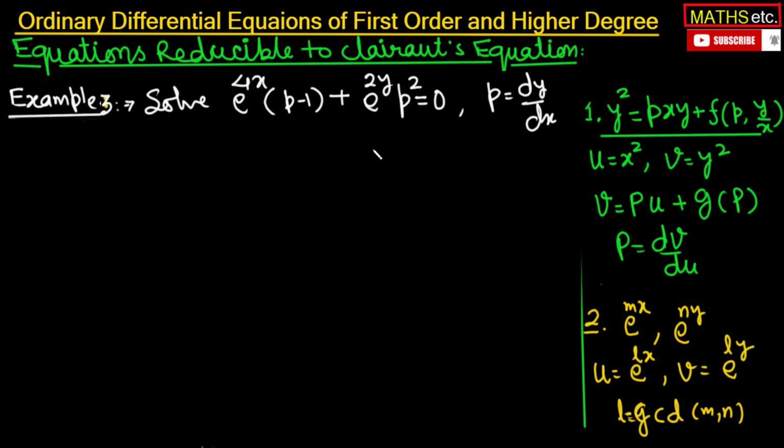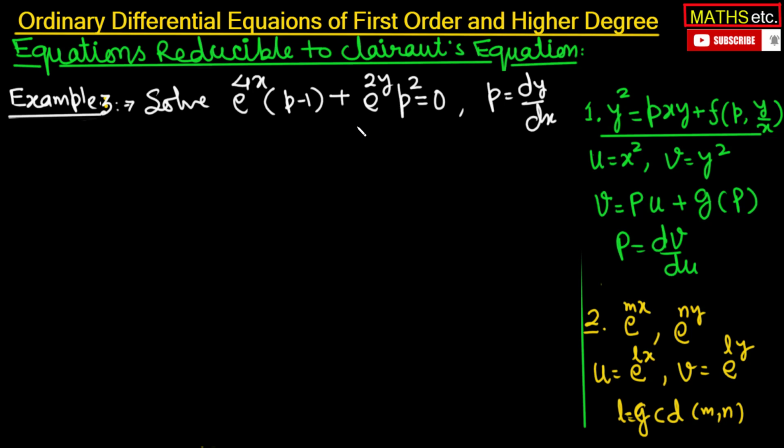Now, first thing is how are we considering it to be an equation which can be reduced to Clairaut's form. P square means it is a higher degree first order ordinary differential equation. So first, it will be difficult to solve this equation into linear factors of p variable.